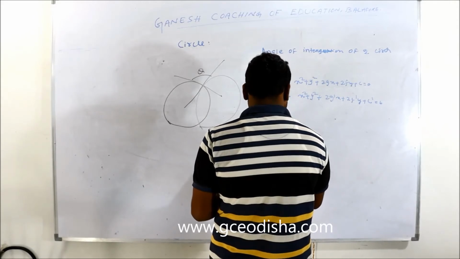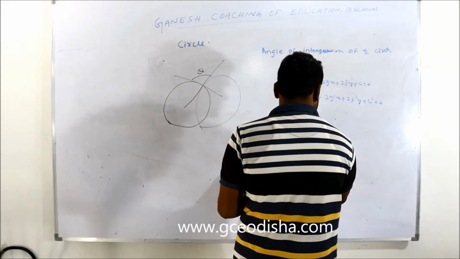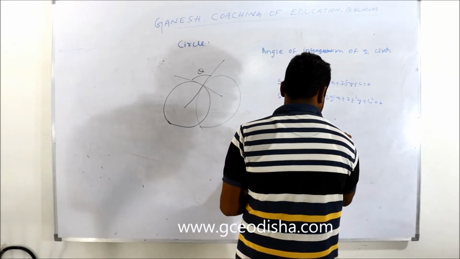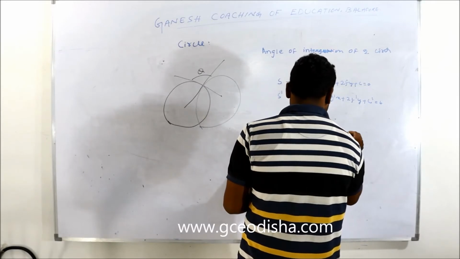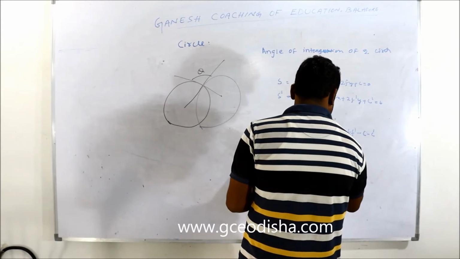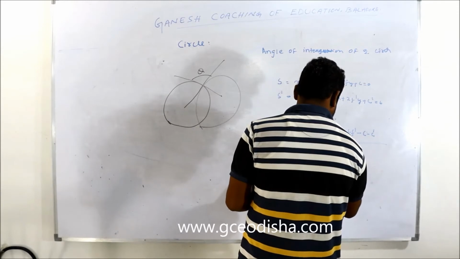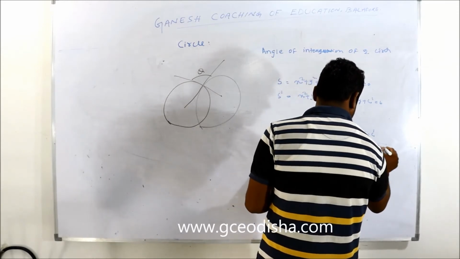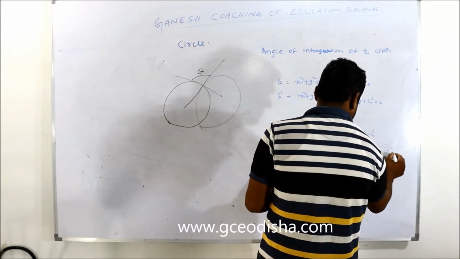Okay, cos theta is equal to plus minus (2g g dash plus 2f f dash minus c minus c dash) divided by 2 root over of g square plus f square minus c into root over of g dash square plus f dash square minus c dash.